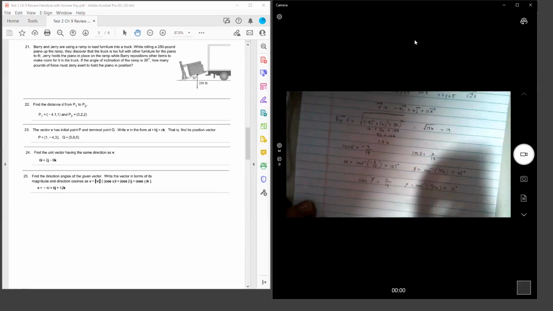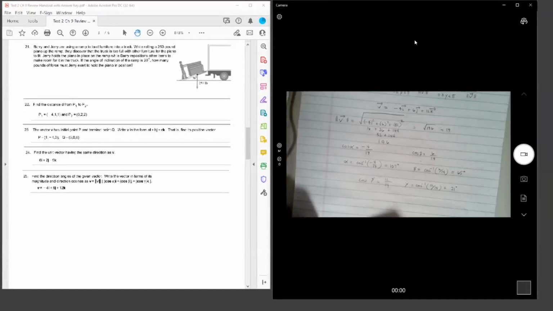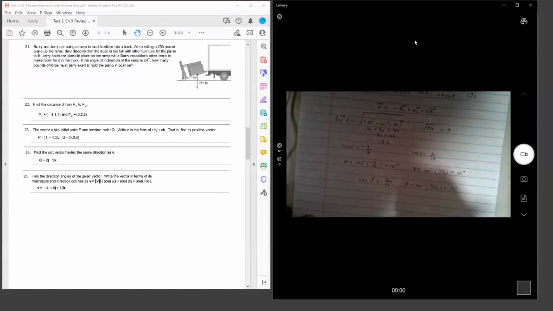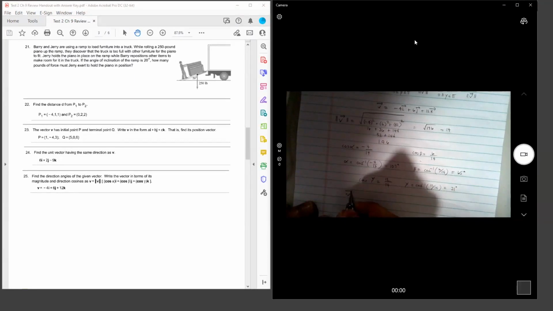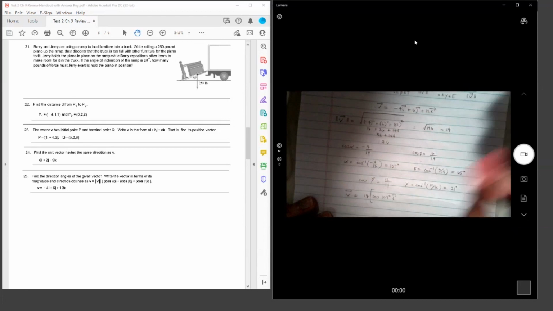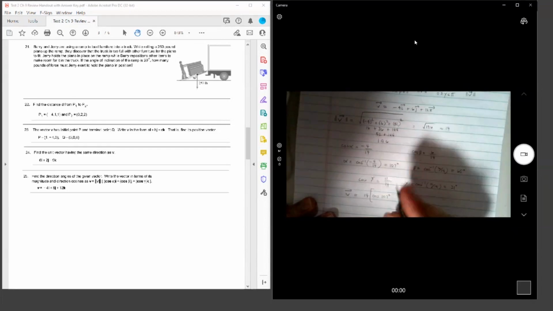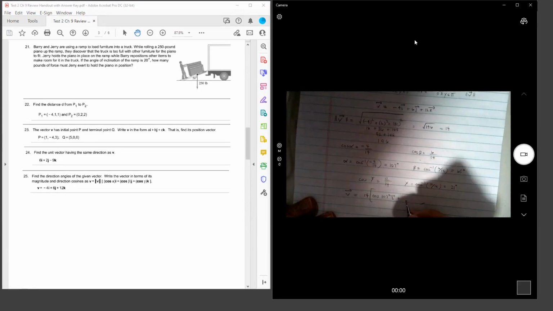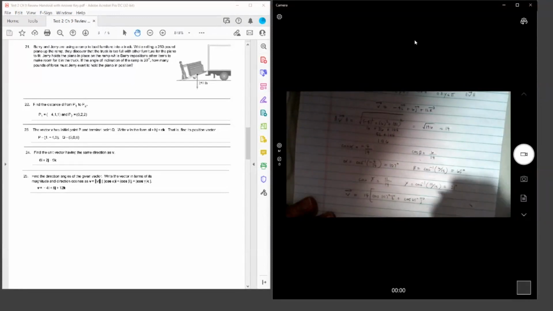So therefore, to write the vector in terms of its magnitude and the direction cosines, the vector v is equal to 14, that's the magnitude, times the cosine of 107 i, plus the cosine of 65 degrees j, plus the cosine of 31 degrees k.